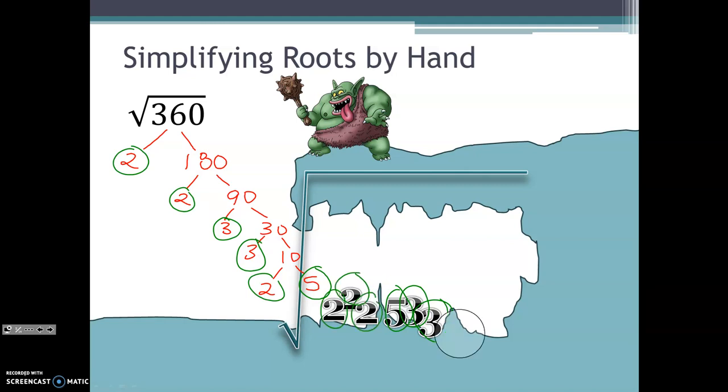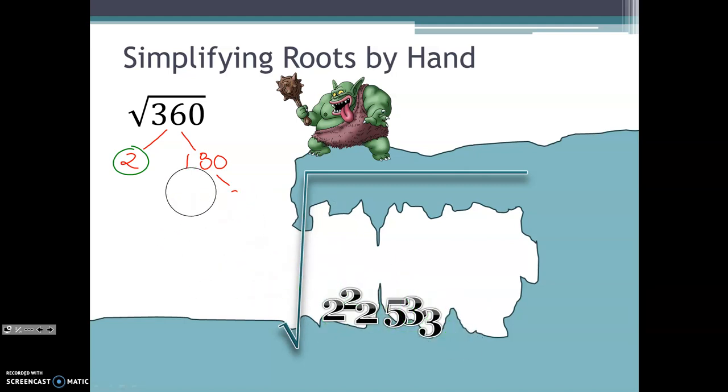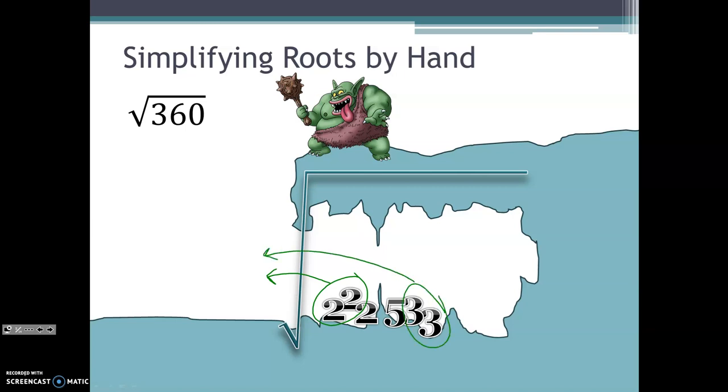So where did these numbers that are trapped in the cave come from? Well, they came from this 360 breaking down into its prime factors. So the way that this will work is pairs can get out. So this pair of 2s can get out, and this pair of 3s can get out.